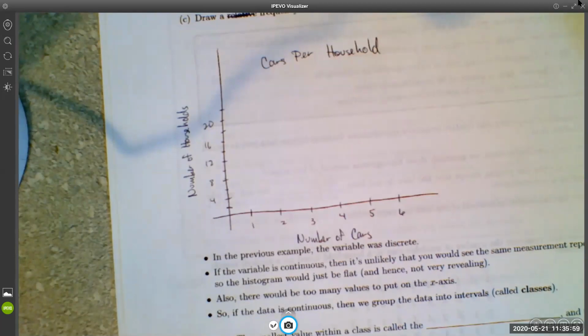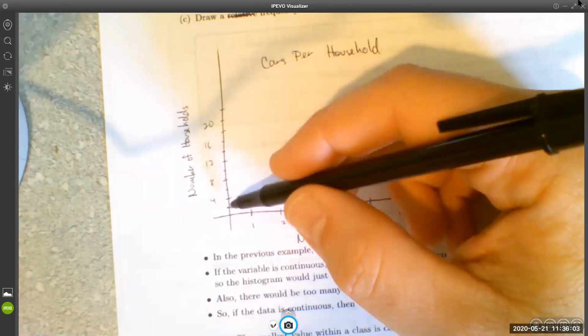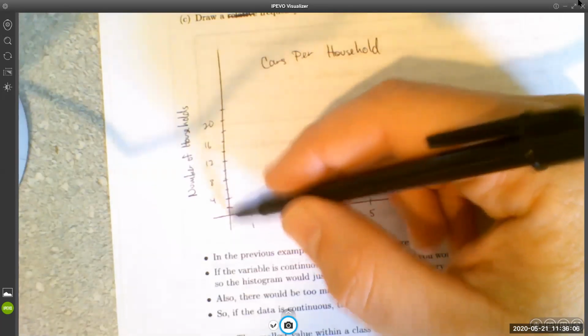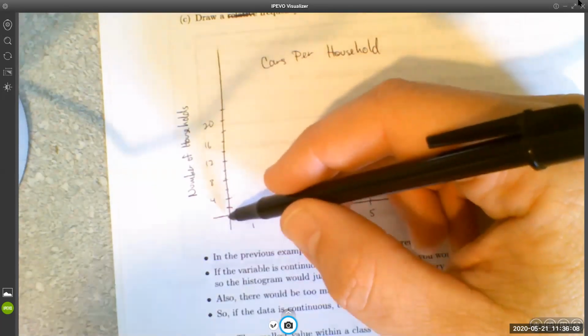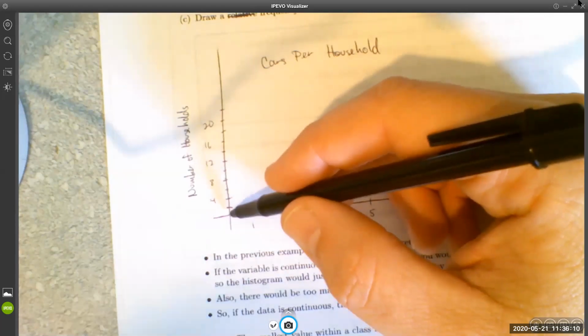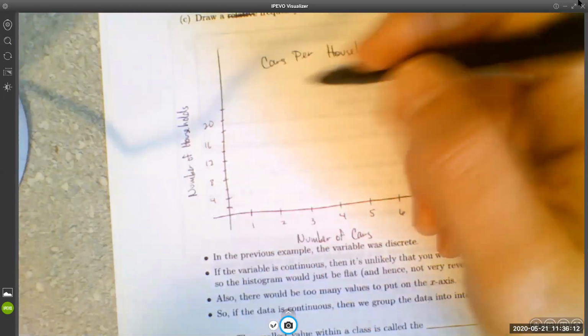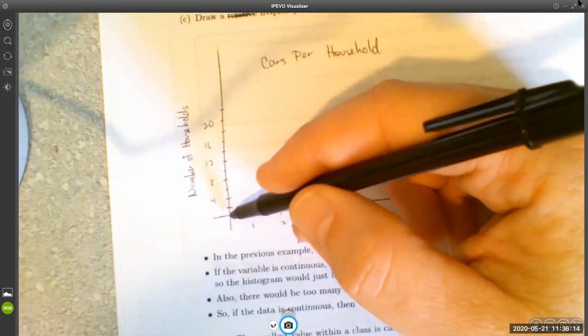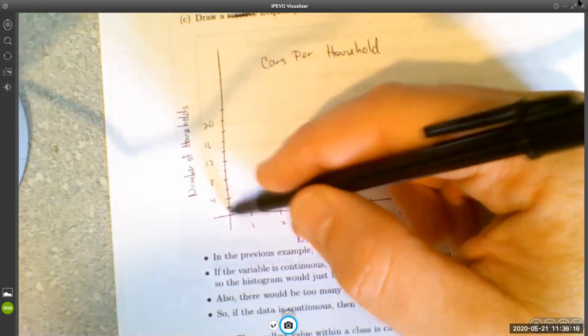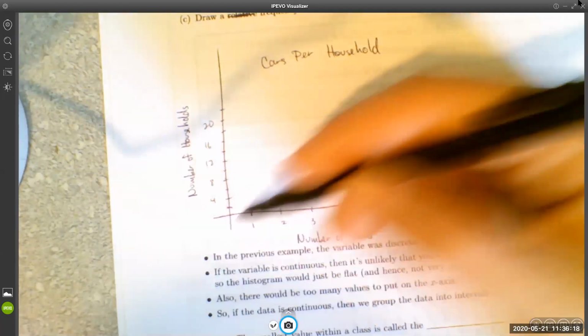All right, so when I draw my histogram, the way that I draw the bars is that the bar is going to represent the number of households that have the number of cars on the left-hand side of the bar. In other words, there were 4 households with 0 cars.